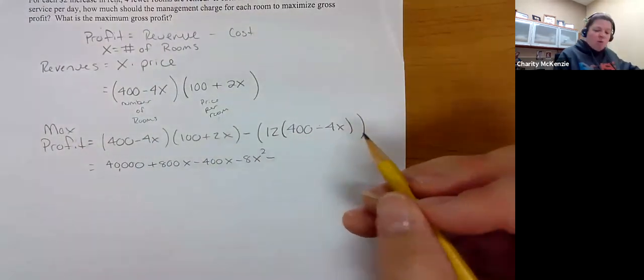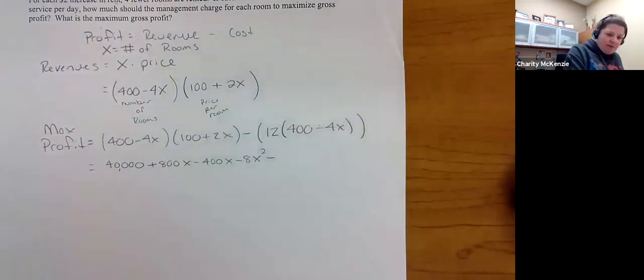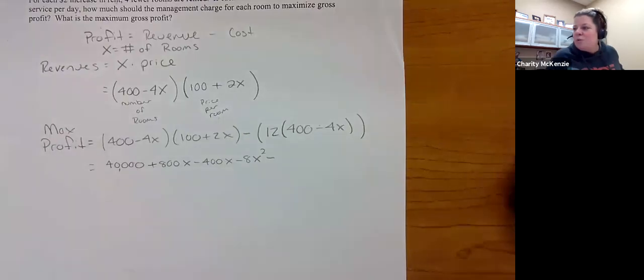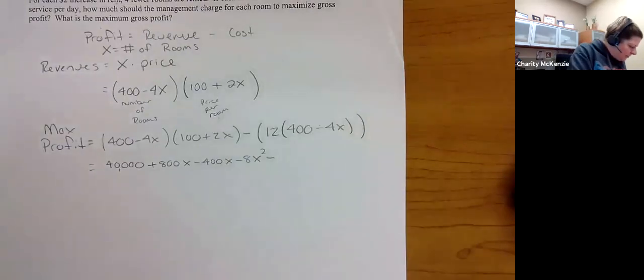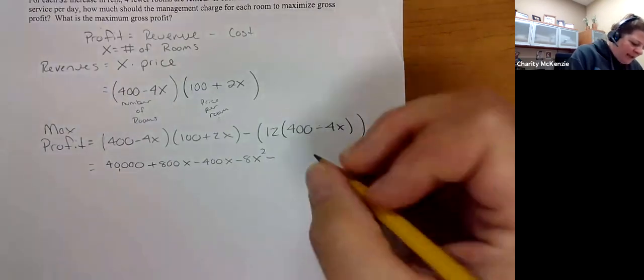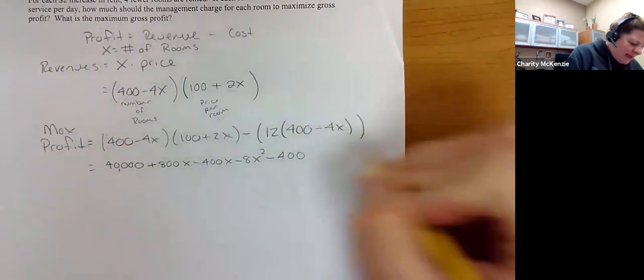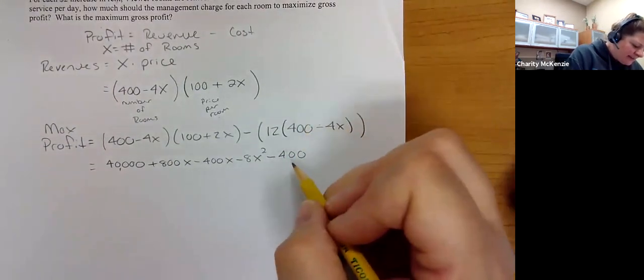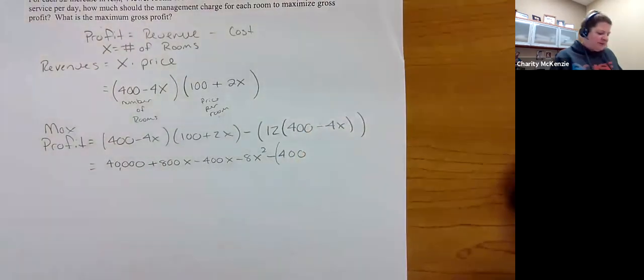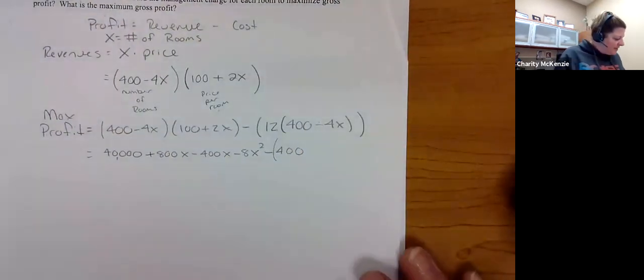Minus, okay, what is 12 times 400? 12 times 400 is 4,800. And then we have to minus this whole thing, so I'm going to still do a parenthesis here.